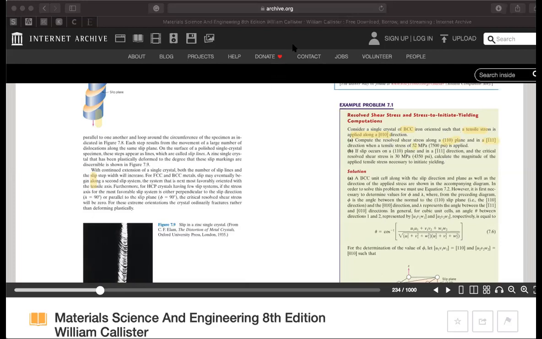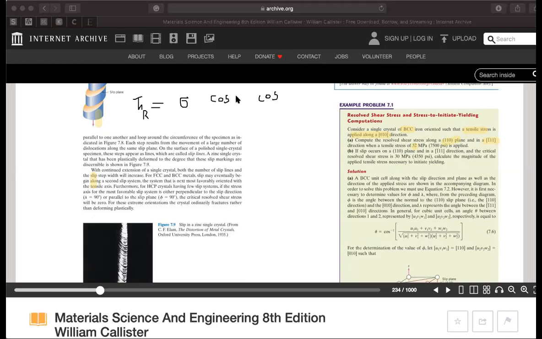So what do I need to do? Well, I need to write the equation. The equation says that the resolved shear stress equals sigma times cosine of an angle times cosine of an angle, right?